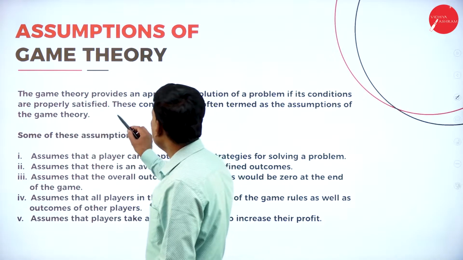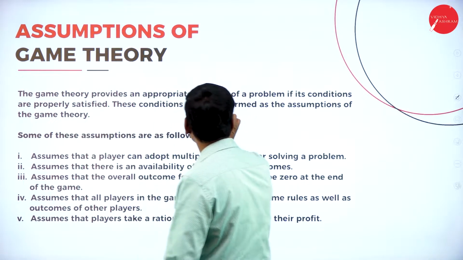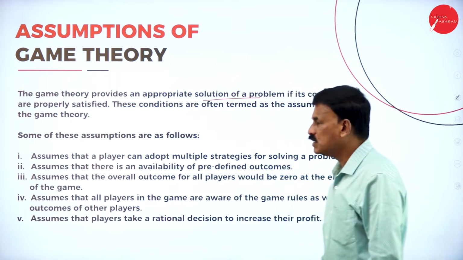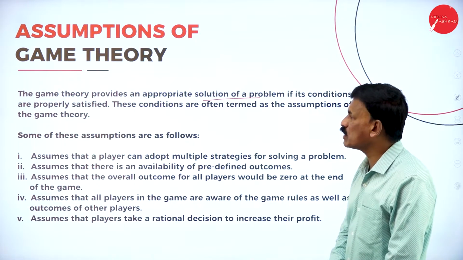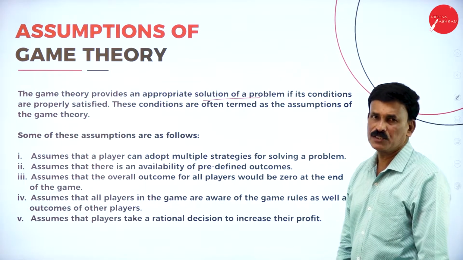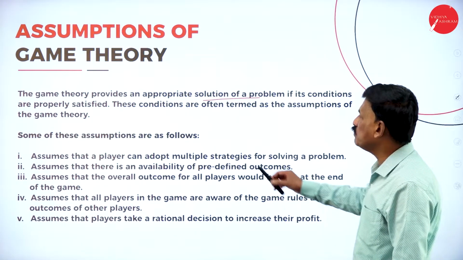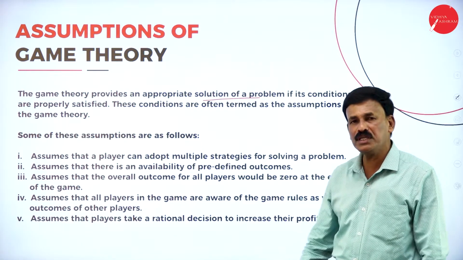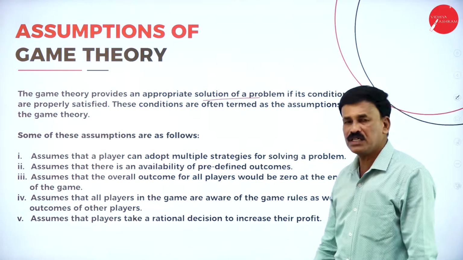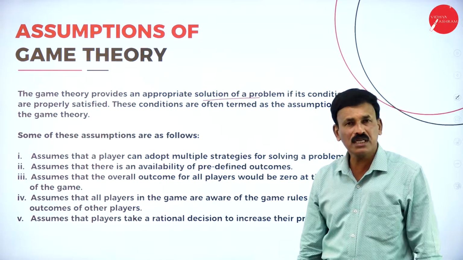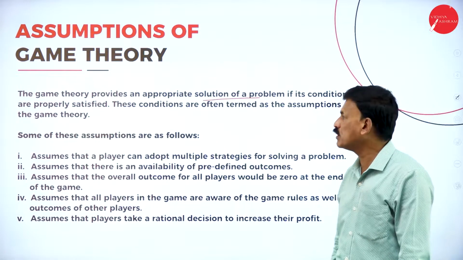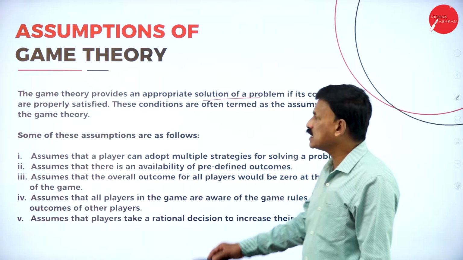Game theory provides an appropriate solution to a problem if its conditions are properly satisfied. To get the perfect solution for a given problem, we have to follow certain conditions.